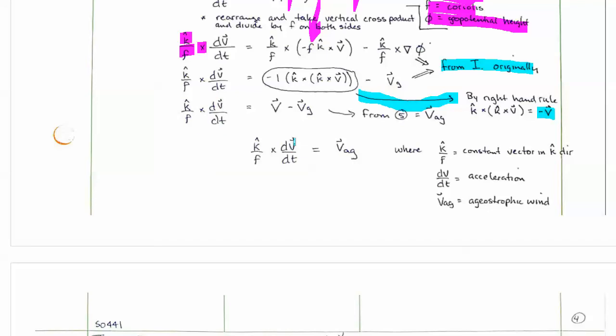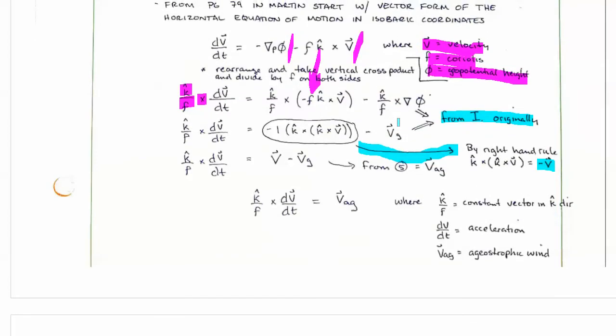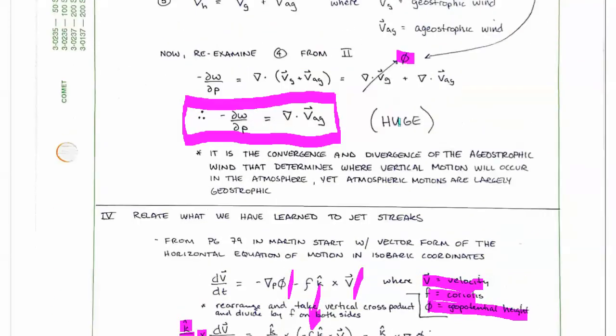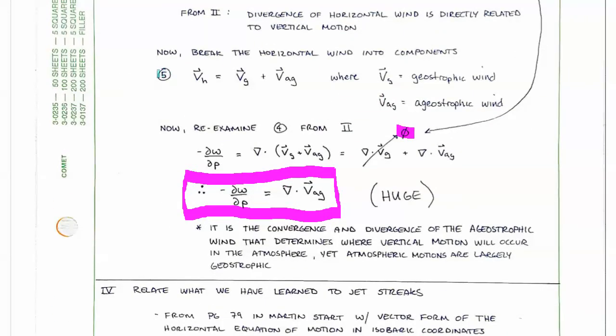Notice I haven't done anything to the left-hand side. So I've got negative v, because I had the negative 1 outside, turns into v minus vg. And from number 5 above, number 5 being, I'll try to scroll slowly, right here, number 5, we saw that the wind is a combination of geostrophic and ageostrophic.